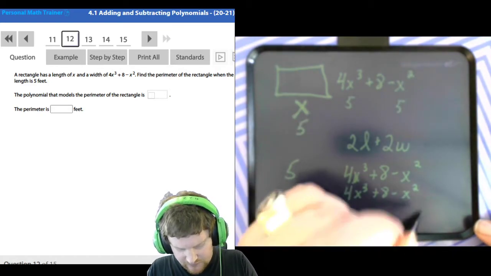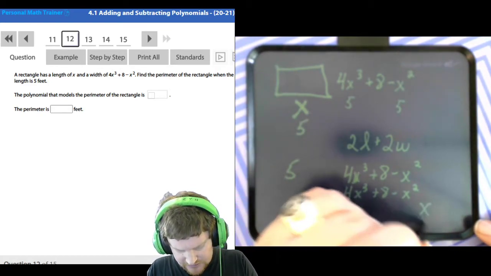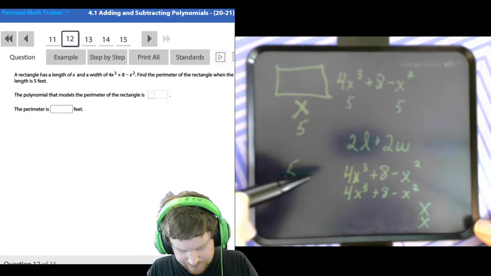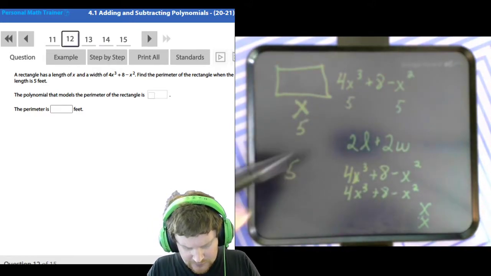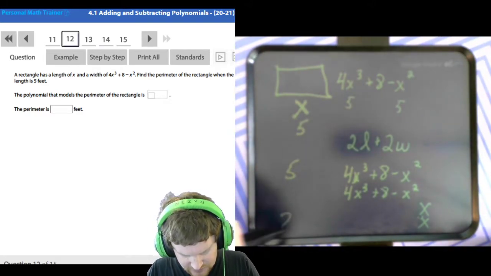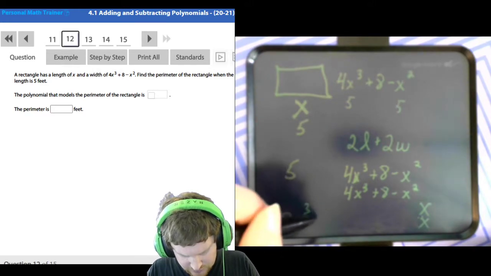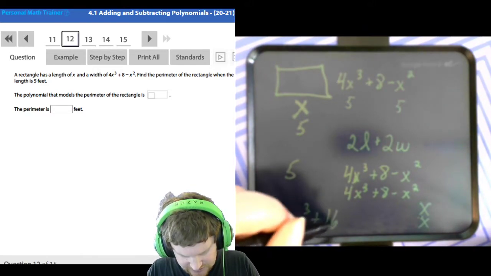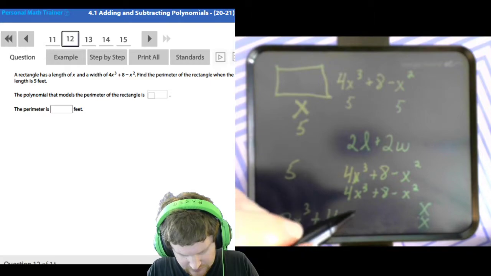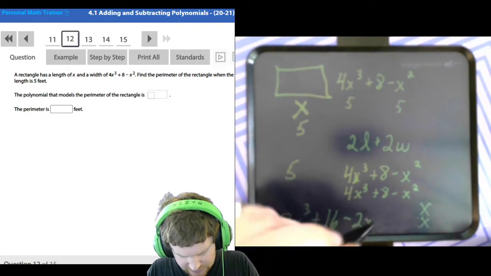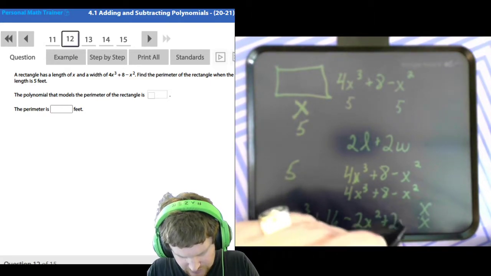And then we'll have x and x. So it looks like we have 8x cubed plus 16 minus 2x squared plus 2x.